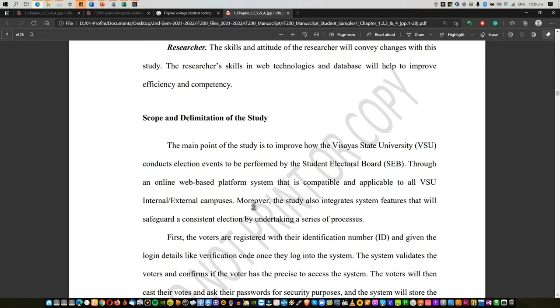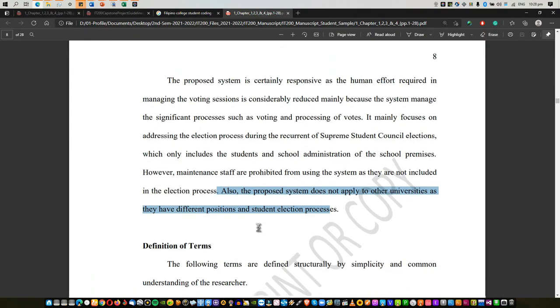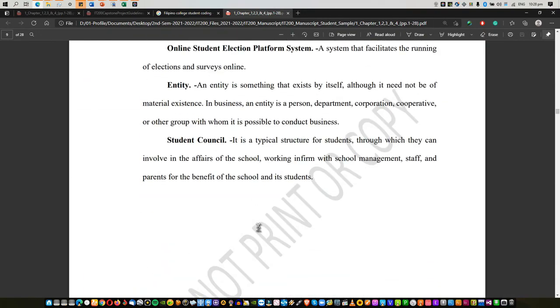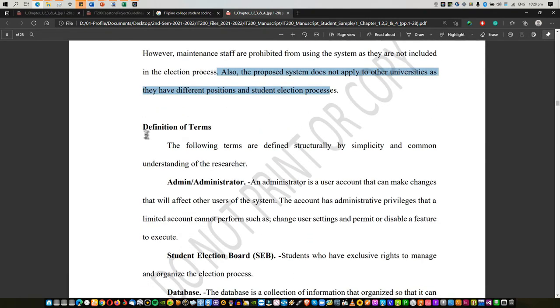So, the limitation is what your system or proposed study cannot do. After that is the definition of terms.